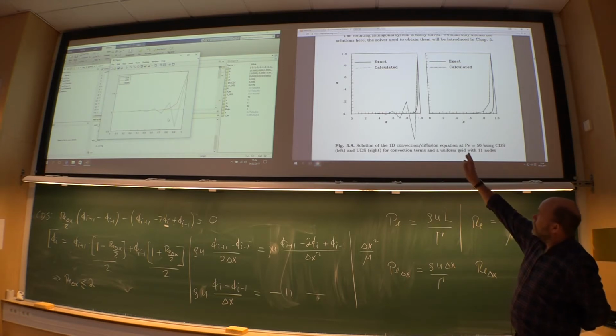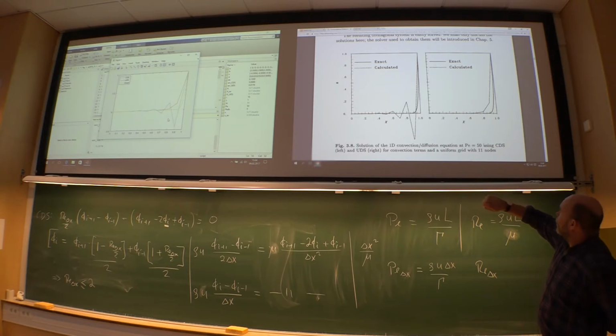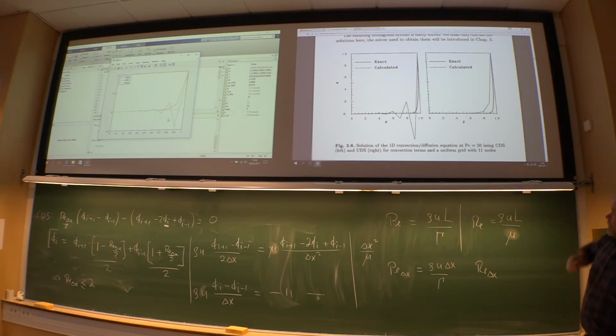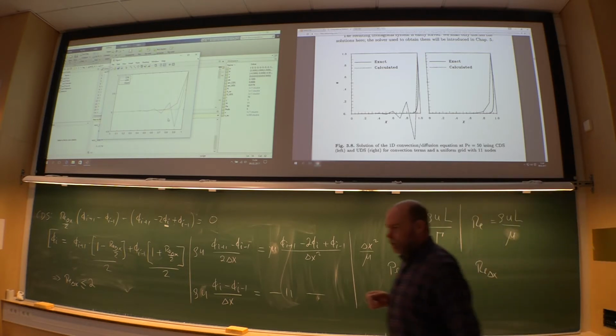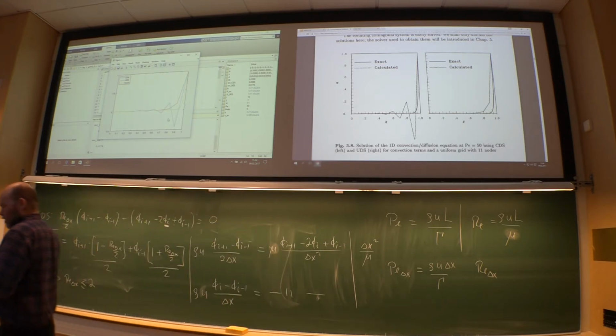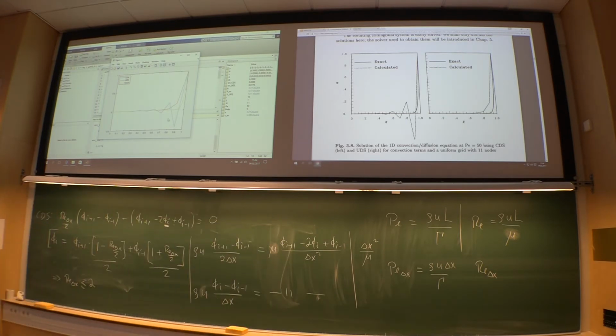Now to the case to the left, that is the central scheme with cell Reynolds number 50. How to find the bulk Reynolds number? Bulk Peclet number is 50.